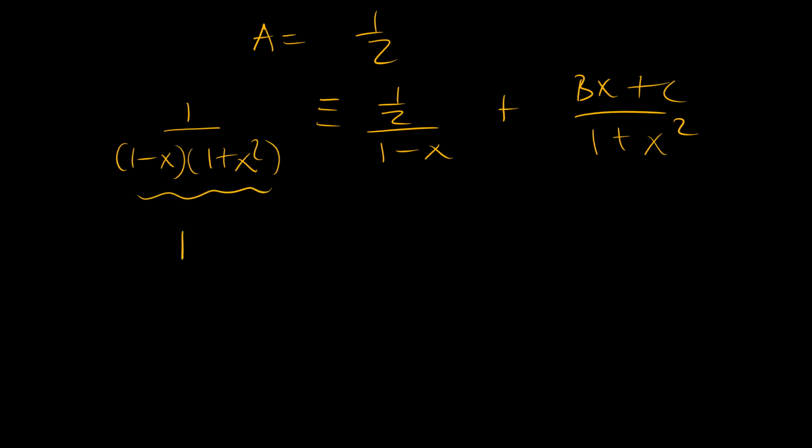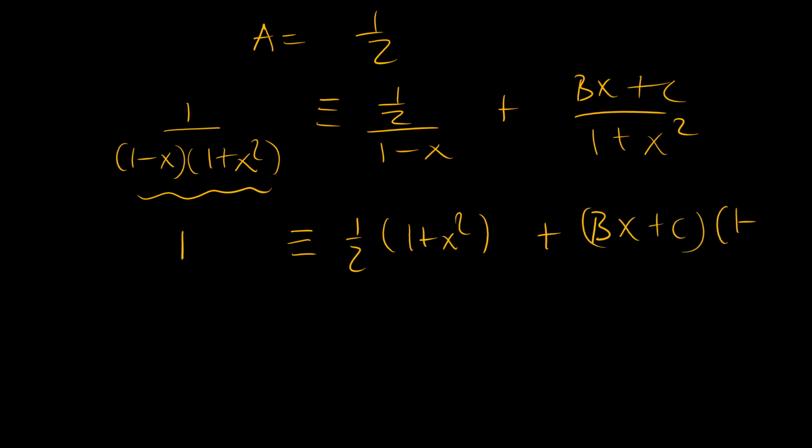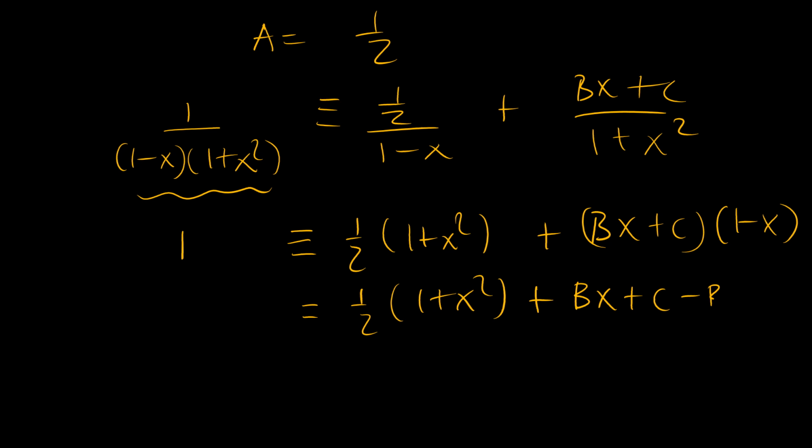So we have 1 equals a half times 1 plus x squared plus bx plus c times 1 minus x, which equals a half times 1 plus x squared plus bx plus c minus bx squared minus cx.